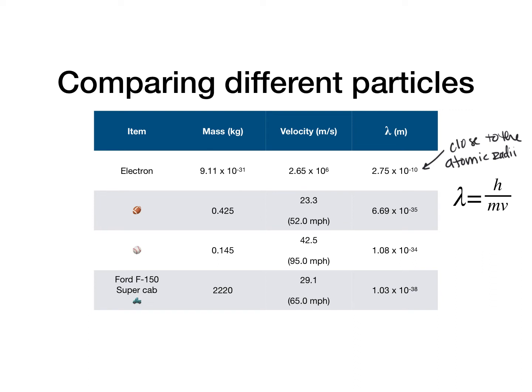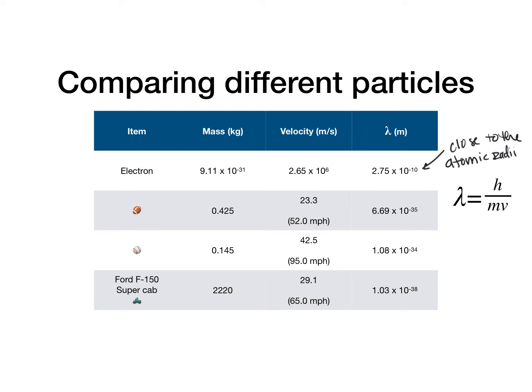So it's super small. If we look at a baseball with an average pitch of 95 miles per hour, we get 1.08 times 10 to the negative 34th meters, which is also very small.